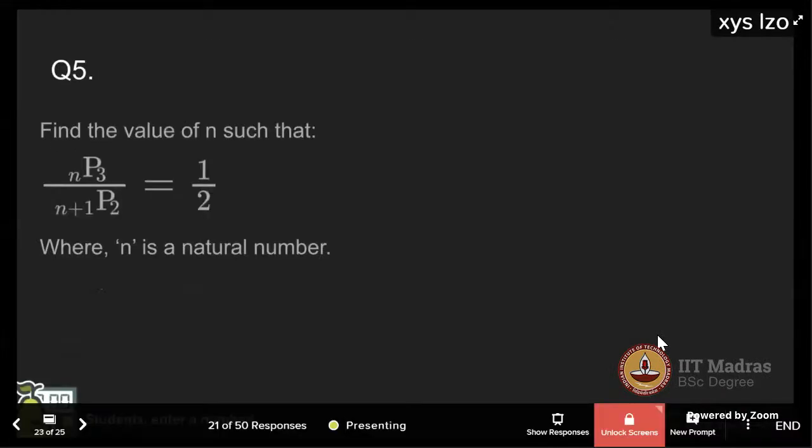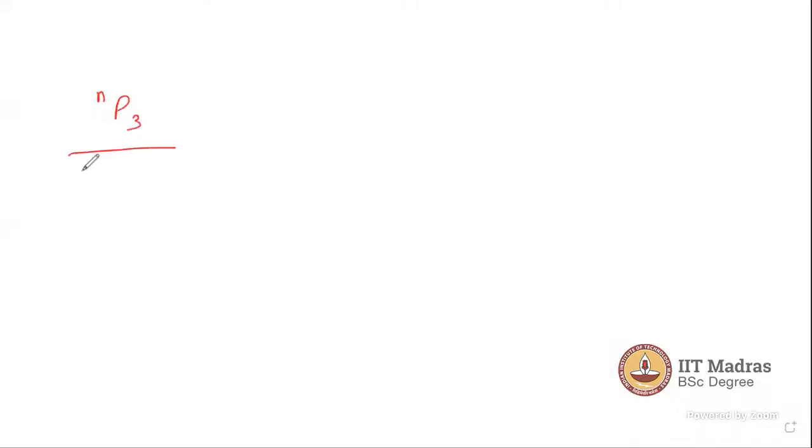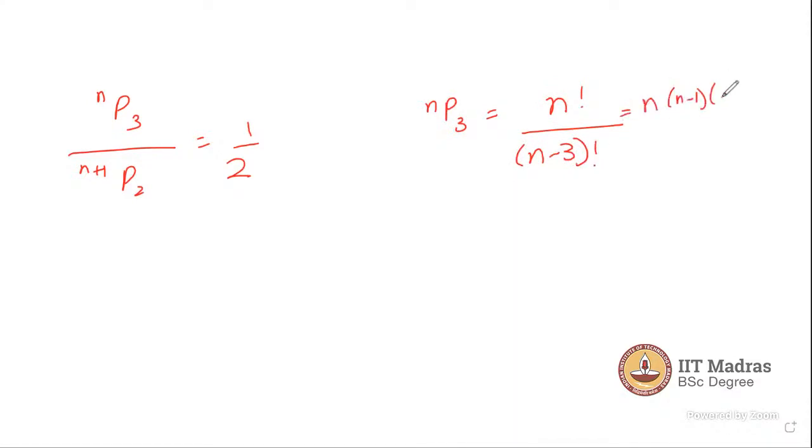So it was nP3 and (n+1)P2. Given nP3 divided by (n+1)P2 is equal to 1 by 2, right? So nP3 is n factorial divided by (n-3) factorial, right? Which is the same as n(n-1)(n-2) times (n-3) factorial divided by (n-3) factorial, right? This gets cancelled out. So my numerator is n times (n-1) times (n-2).